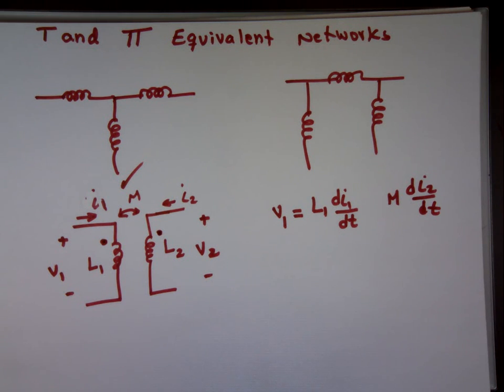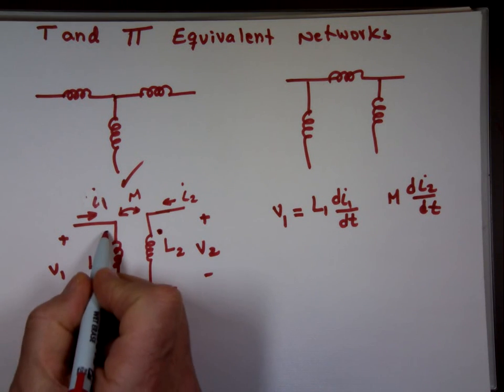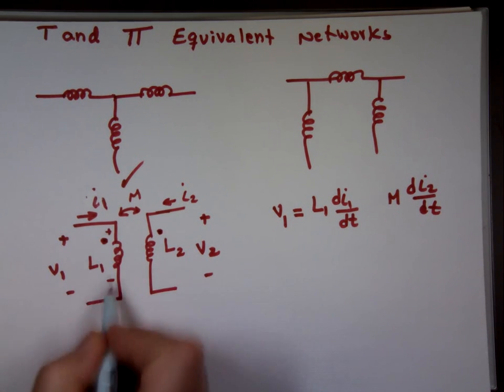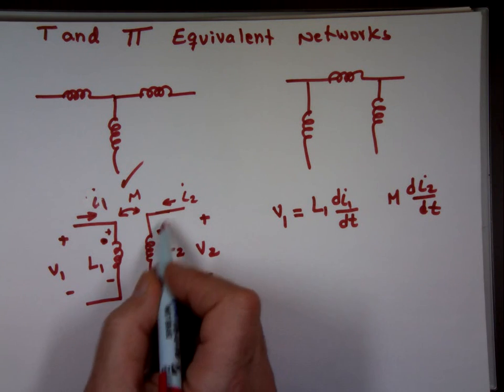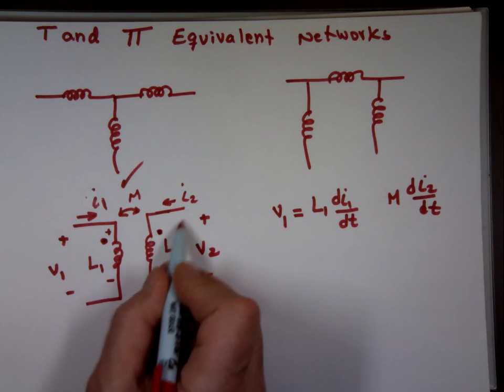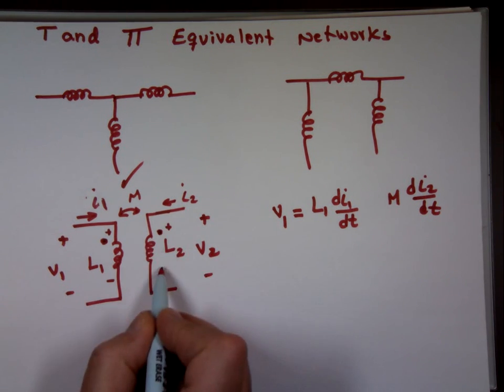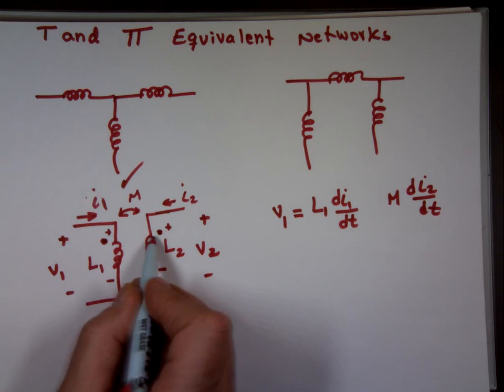Again, in this case, is it positive or negative? What do you think? Why positive? They both match. Yep, the current coming down is going to mark it plus to minus. That's the same as V1. The mutual inductance is going to come down plus to minus. Notice the effect, it's going to be the same thing. The dots matching, that's a plus.